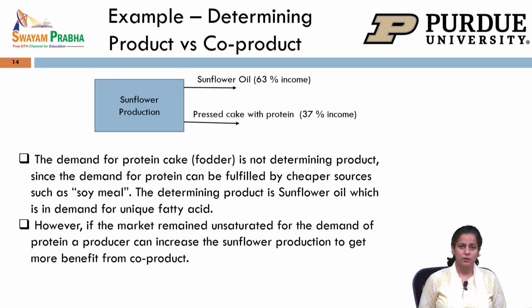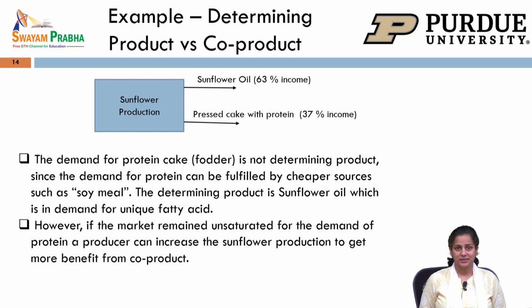Now, when you include this process in your LCA system boundary, it will depend on what is the determining product, which is the main key input to your LCA system boundary. So, as you see, if you are dealing with a process that has multiple co-products and products, it all depends on which product is actually the input to your LCA system boundary. The other co-product is merely existing as a byproduct, and you will need to decide how to allocate the impact of this process to the LCA.